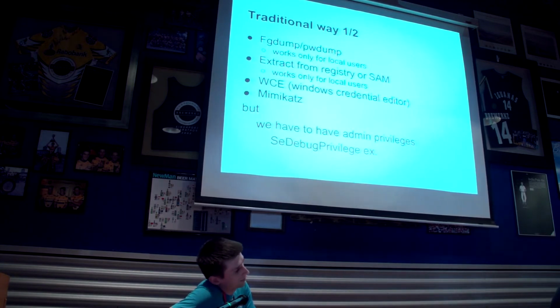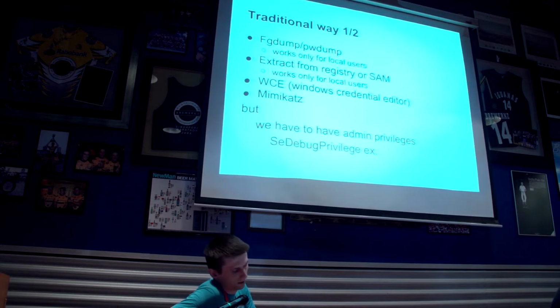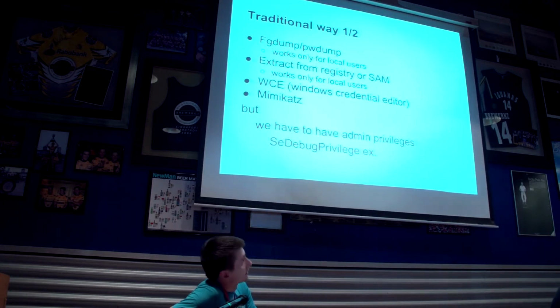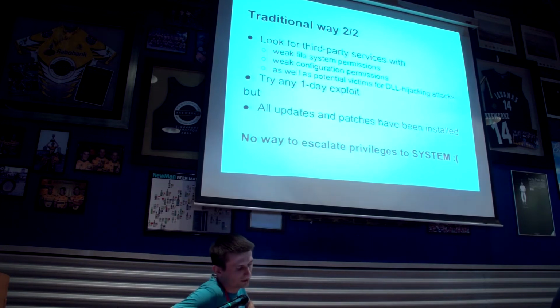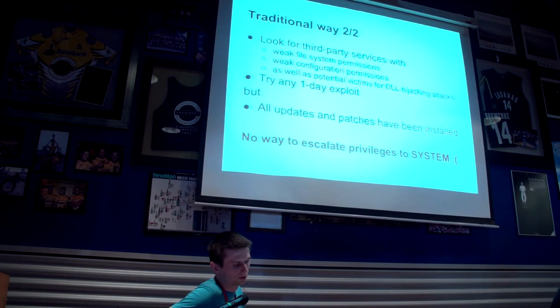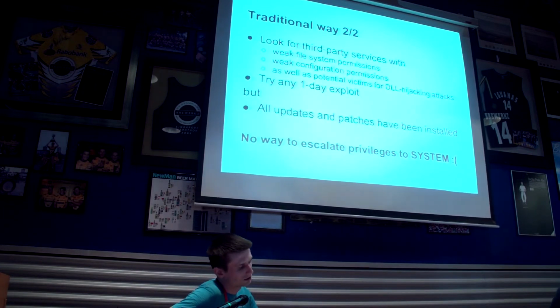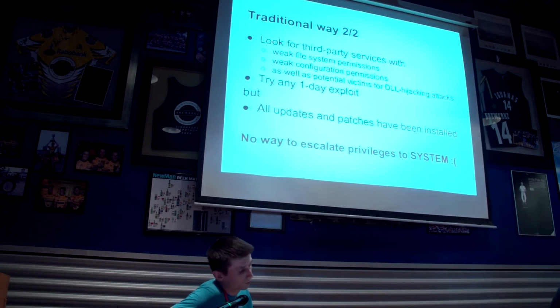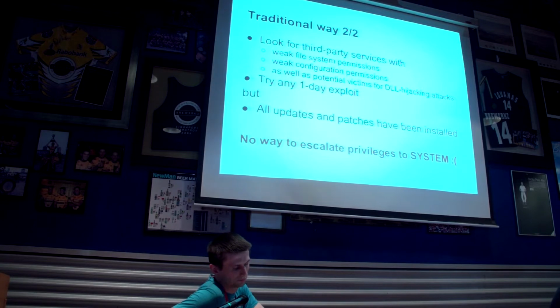So there is no way to get system privileges, as I told before. All those tools you have to leave for another exercise. Another way is, for example, trying to exploit some weak services and elevate your privileges, but as I told before, it's still impossible. So, no way to system level privileges.